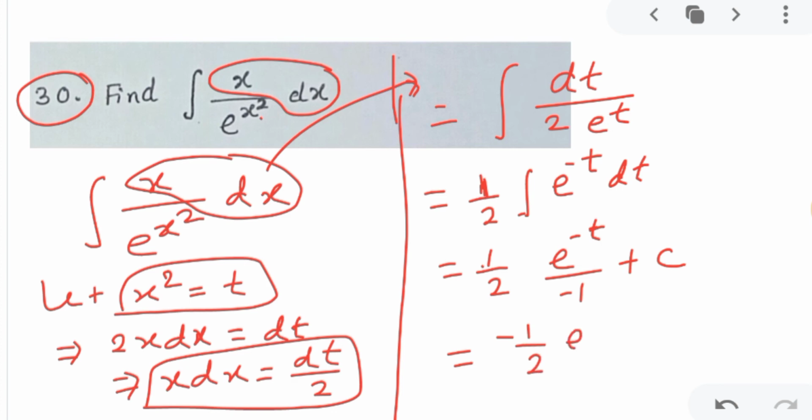And t was an intermediate variable, since x is given in the question, so I will replace t with x square. So e to the power minus x square plus c: minus 1 upon 2 into e to the power minus x square plus c, this will be your answer, the integration result. I hope you understood.